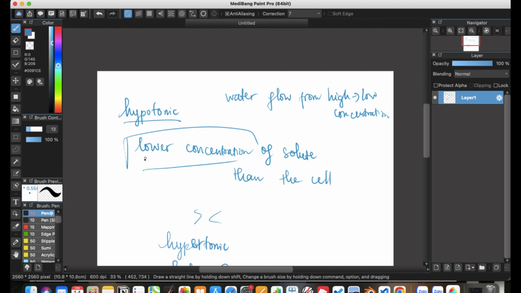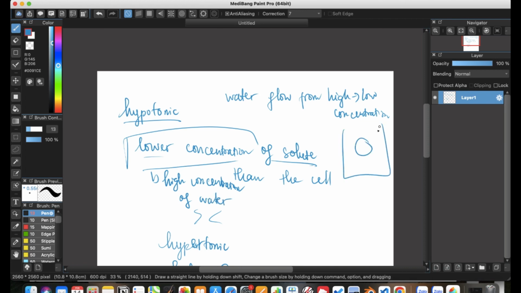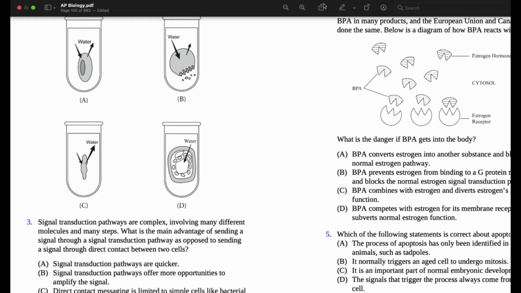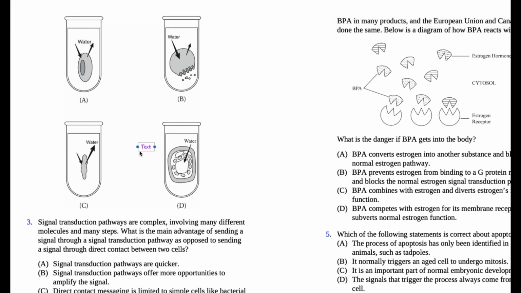The low concentration of solutes means a high concentration of water, so the water will flow from the outside to the inside of the cell. Look at these diagrams. You can see that only B makes sense, so the answer is B. I cannot highlight the B, so let me type it in here.